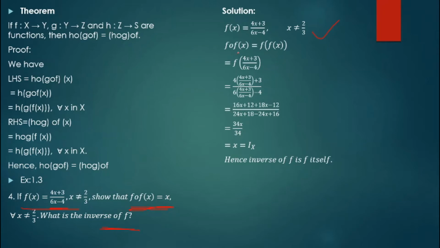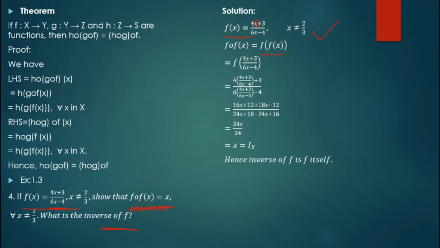So f o f of x equal to f of f of x. What is f of x? 4x plus 3 by 6x minus 4. So that will be substituted here in place of x. So when we substitute, it looks like this. We know that when we cross multiply, the denominator will get cancelled.